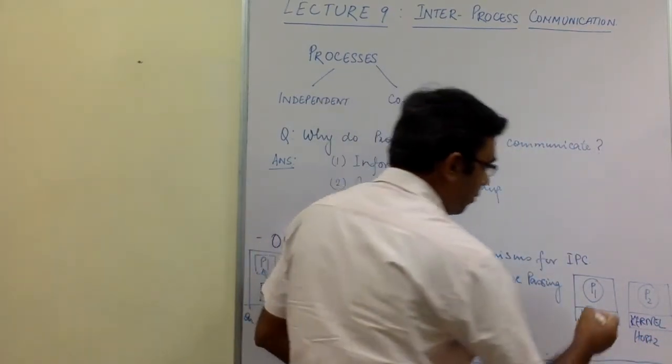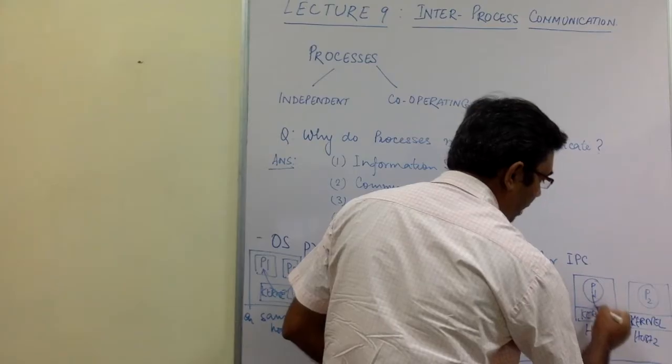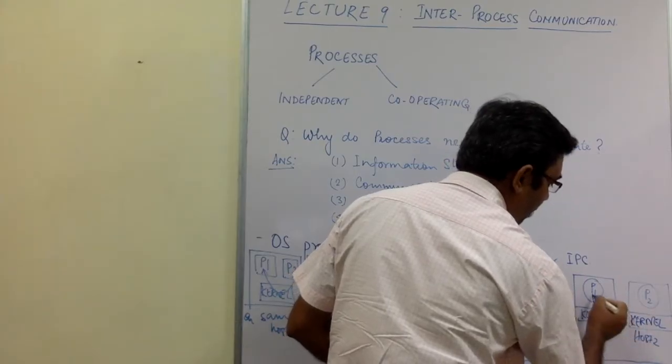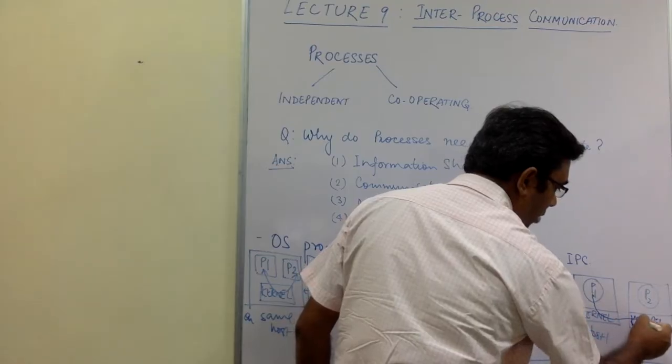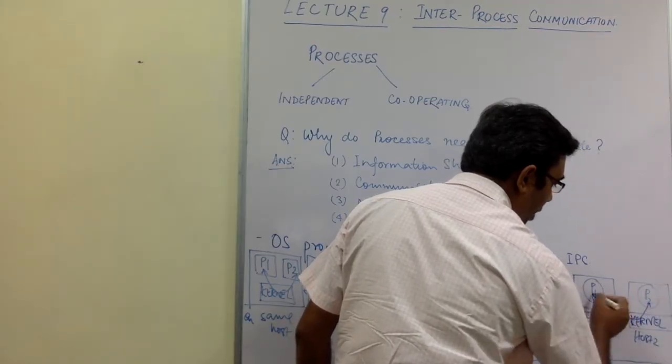In that case, if these two processes would be communicating, it will be like this: P1 will make use of kernel 1, kernel 1 will be communicating to kernel 2, and then it would reach P2.